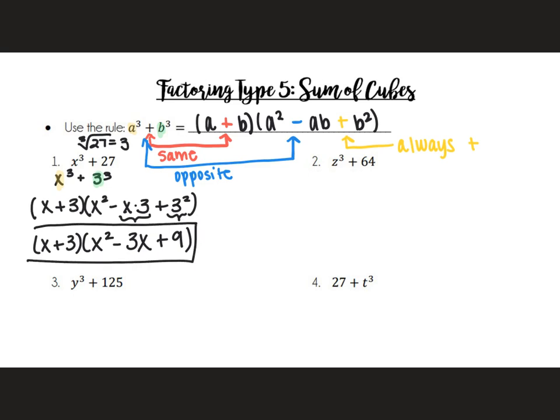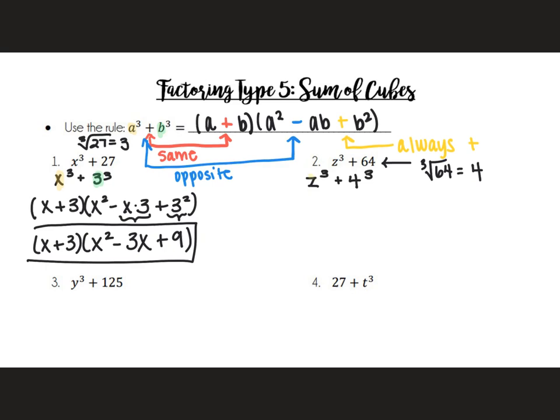So for example 2, we're going to do the exact same thing. So first thing I want to do is rewrite this b term as a number cubed. So I need to know what the cube root of 64 is, and the cube root of 64 is 4. So first step, rewrite as z to the third plus 4 to the third.